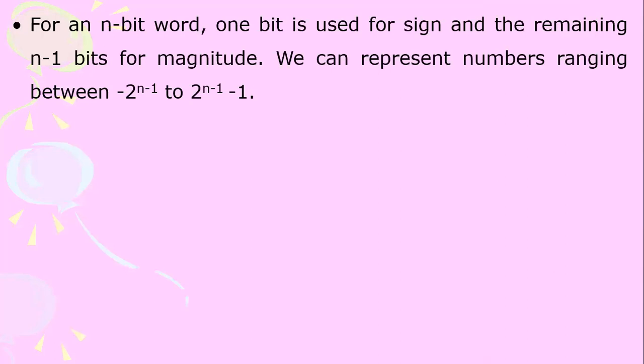For an n-bit word, one bit is used for sign and the remaining n-1 bits for magnitude. We can represent numbers ranging between -2 raised to power n-1 to 2 raised to power n-1, then -1.